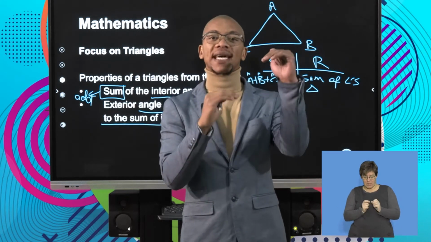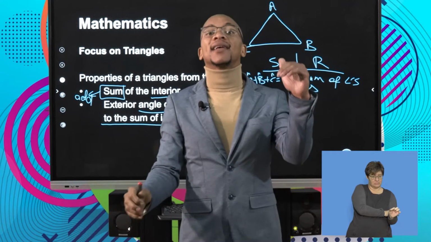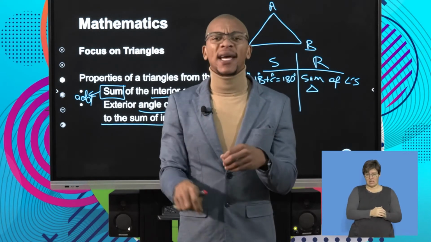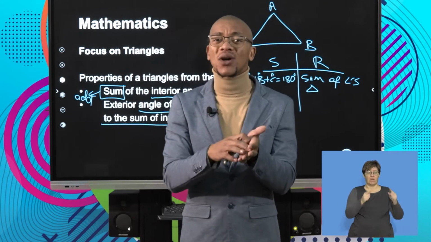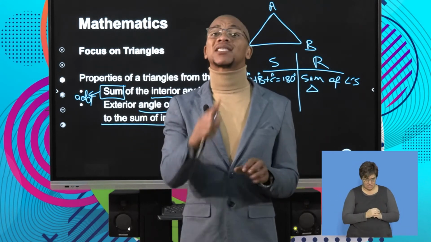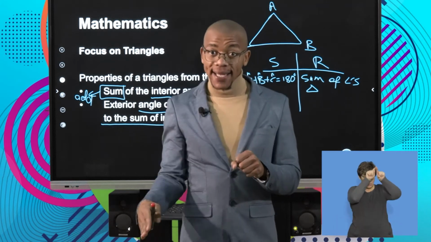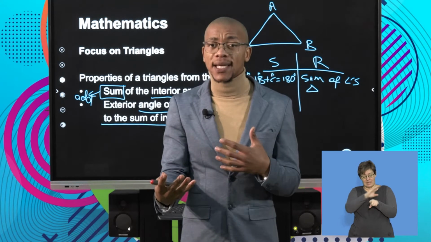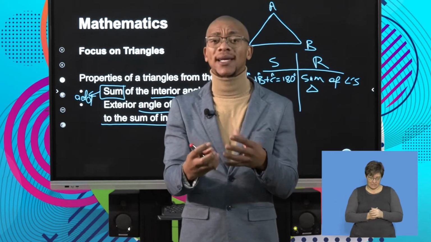So if maybe side AB is produced to maybe a point D there, then you can talk about an exterior angle. But if you just have a triangle and then they join maybe one line from one of the vertices of your triangle, that has nothing to do with an exterior angle. It must be one side of the very same shape extended or produced, if we use the more correct mathematical term. That's how you can think about an exterior angle of a triangle.